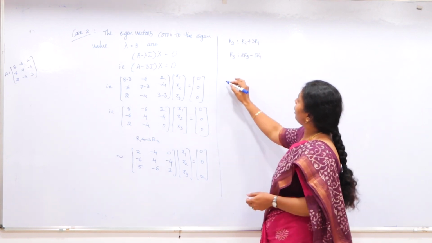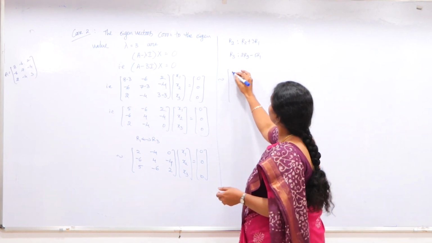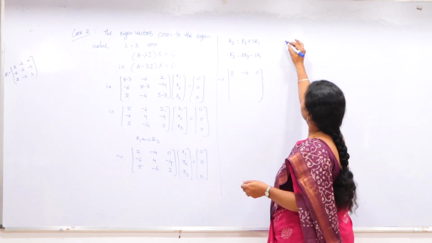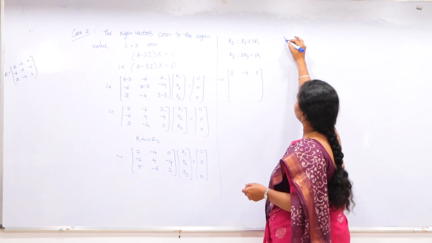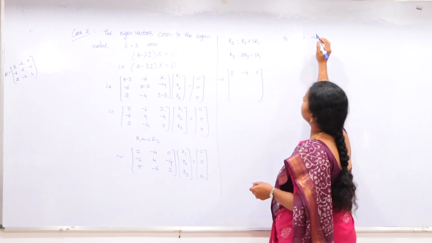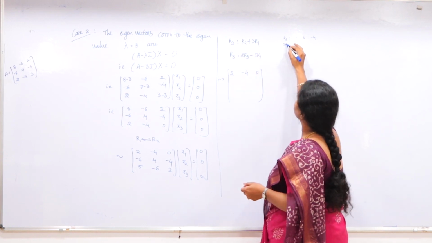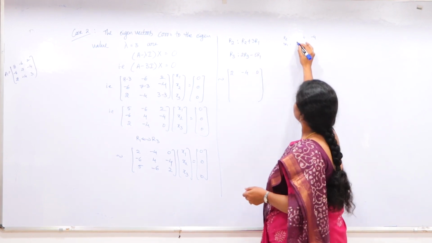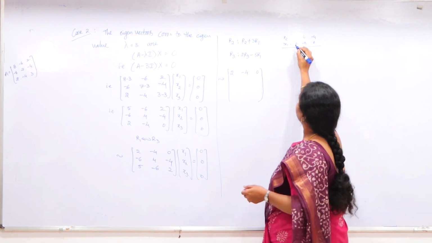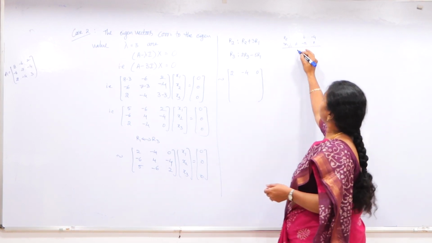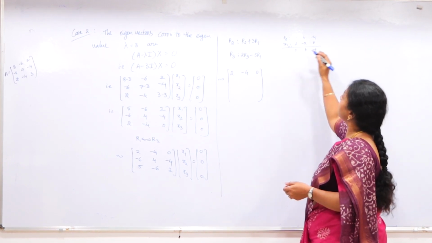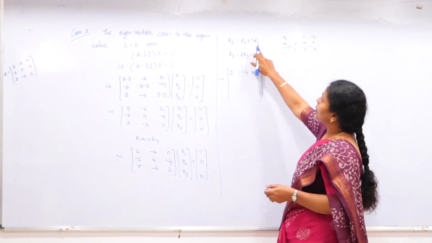What is the first row operation? R1 is 2, minus 4, 0. R2 is minus 6, 4, minus 4. Next 3R1 is 6, minus 12, 0. Add all these numbers: minus 6 plus 6, 4 minus 12, minus 4 plus 0, for the first row operation.